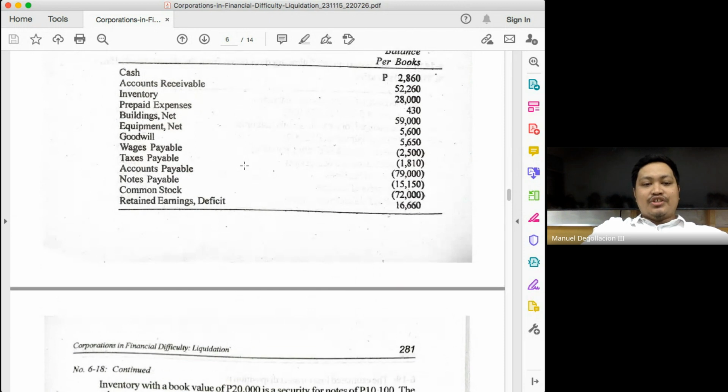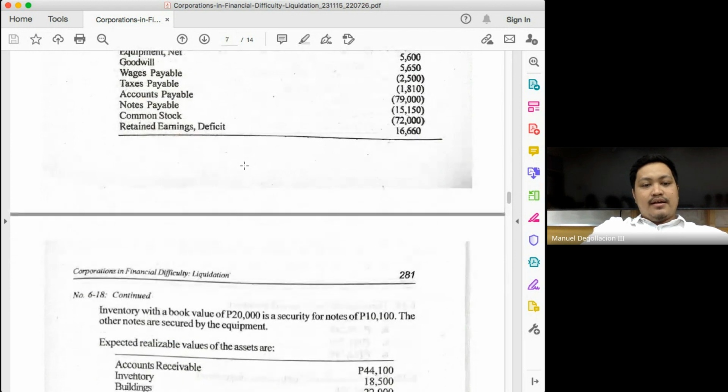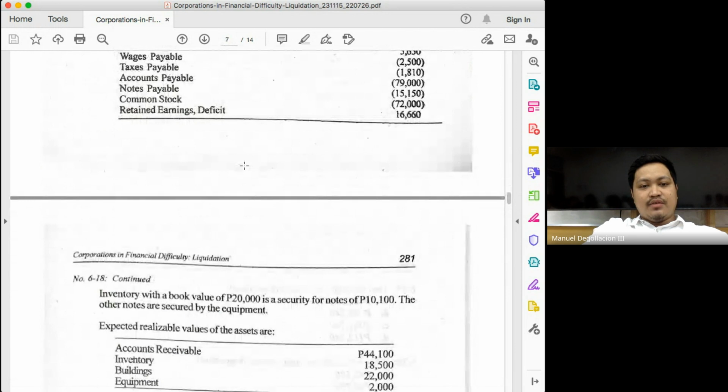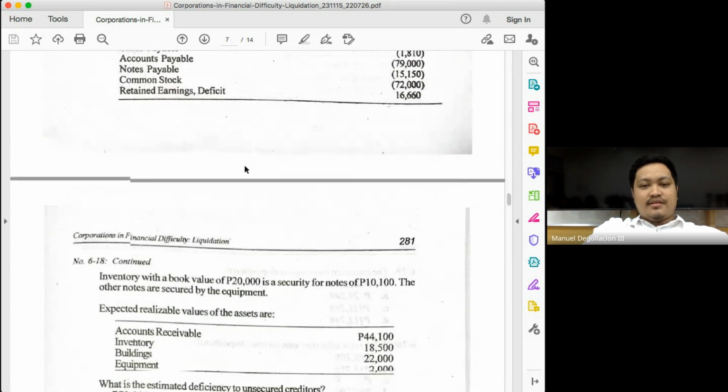Okay. Cash here is obviously a free asset. The accounts receivable is also a free asset. The inventory, is it used as a security? Yes. So the inventory is used. Wait. The notes payable is still partially secured.